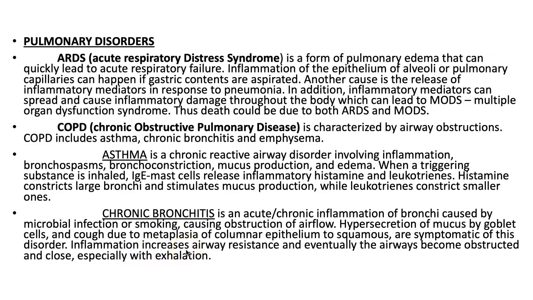Inflammation in and of itself can also lead to bronchoconstriction. And with the bronchoconstriction and the mucus production, you're going to have the same type of problem. Ventilation is going to be very difficult.